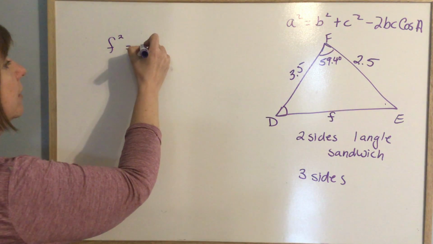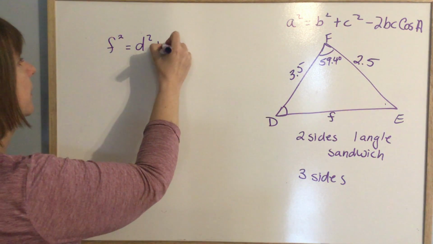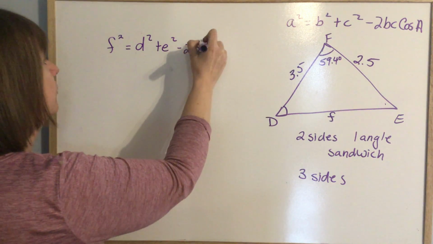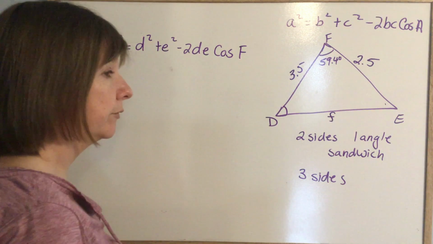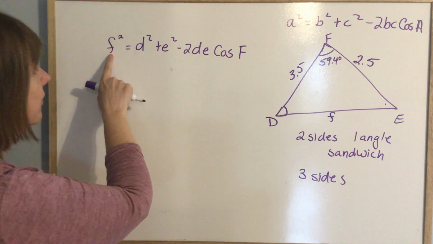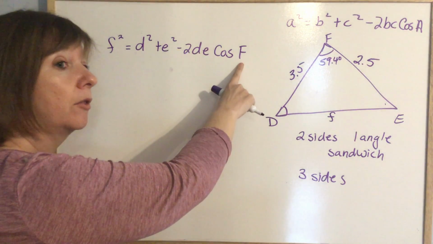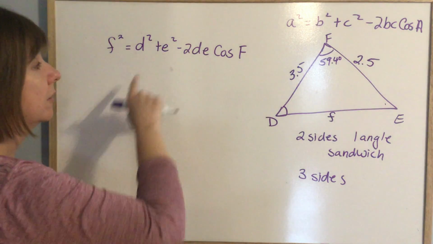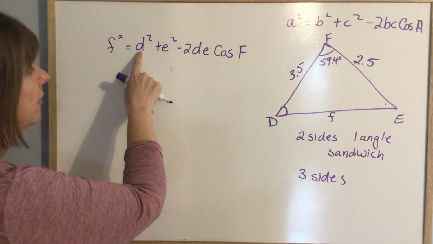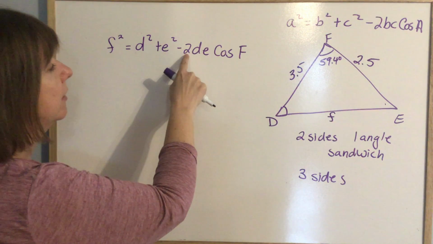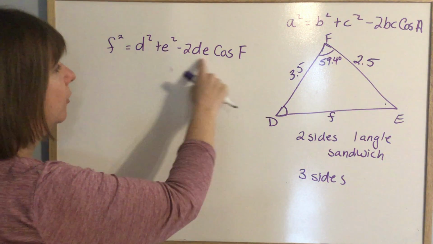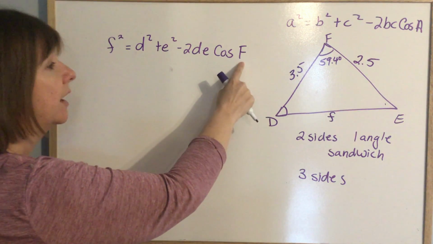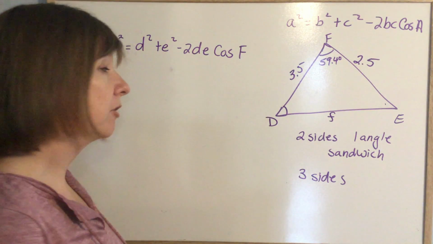F squared is equal to D squared plus E squared minus 2DE cos of F. Because whatever side I'm trying to find, that's the angle that I know. The other 2 sides are here. Now, I could have written it e squared plus d squared minus 2ed, as long as the sides over here are d and e and the angle is angle F. That's all that really matters.